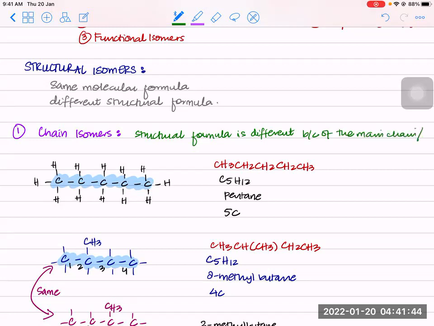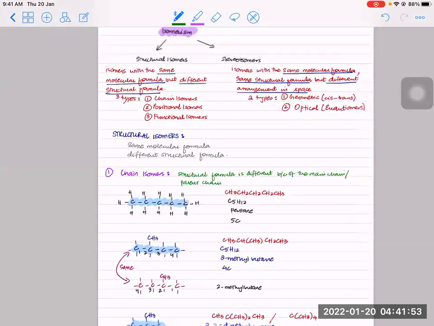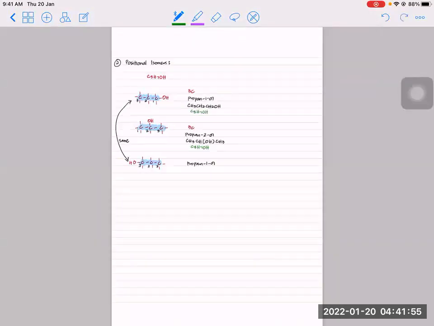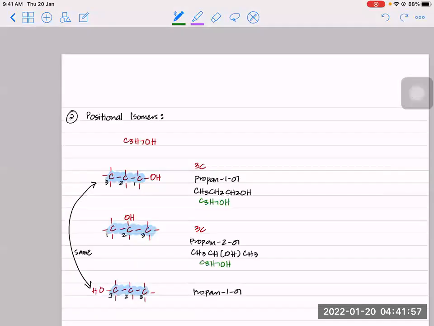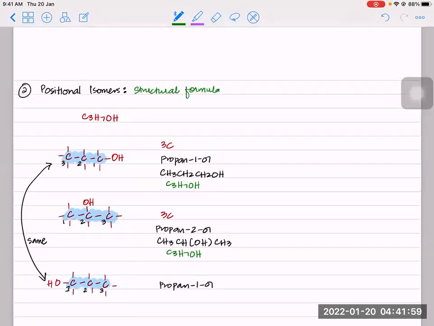So structural formula is different because of the main chain or the parent chain. Yeah. Here, in positional isomer, the structural formula is different because of the position of the functional group.